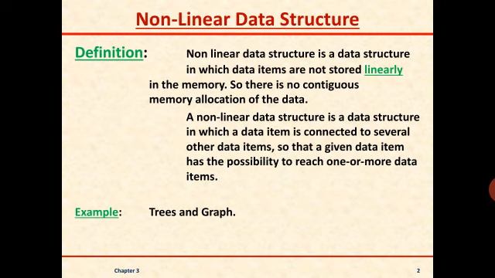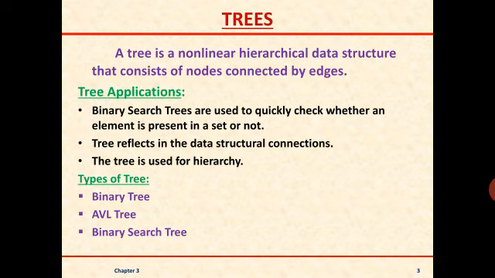Let us learn the first non-linear data structure, that is tree. A tree is a non-linear hierarchical data structure that consists of nodes connected by edges. A tree has various applications, it is used for various purposes.